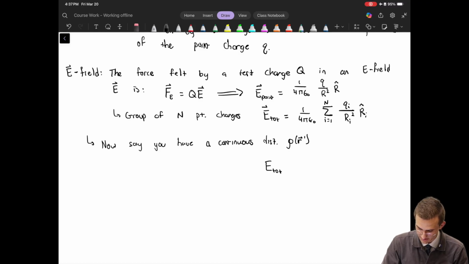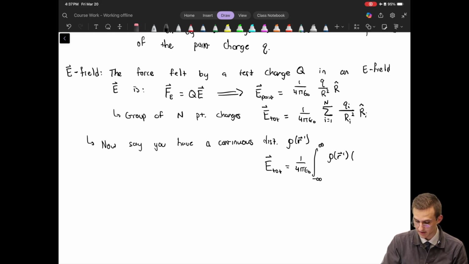So here we're going to have E total is 1 over 4 pi epsilon naught, but now we integrate over all space, negative infinity to infinity. This is a triple integral again, and we're going to integrate over rho of R prime. Now I'm not going to write capital R anymore.